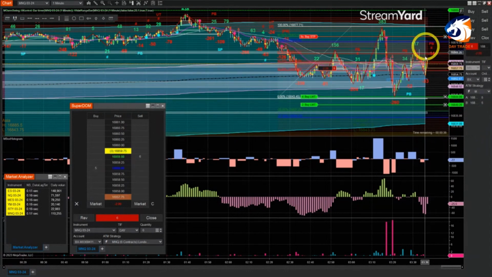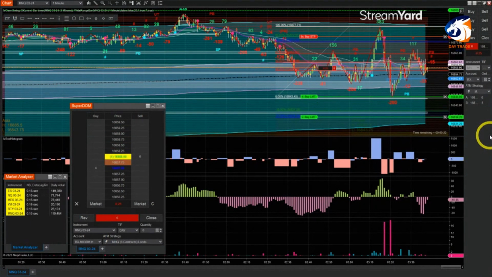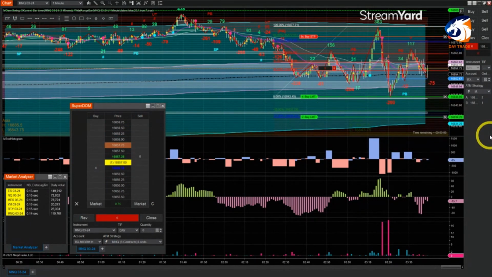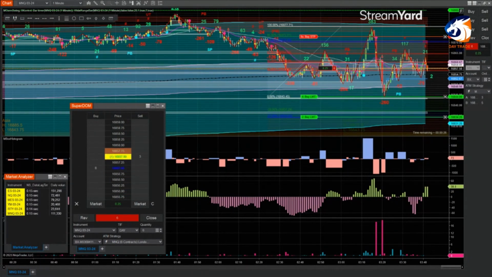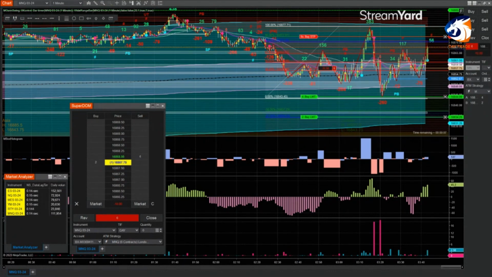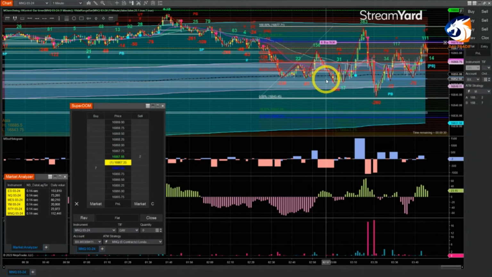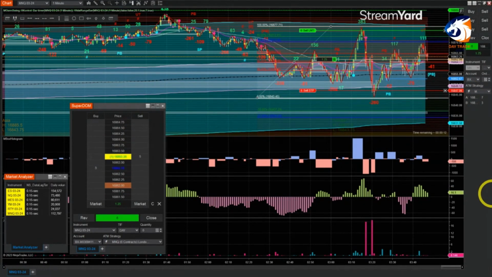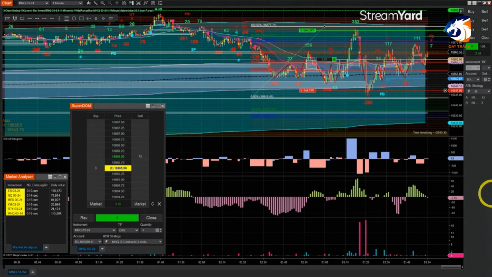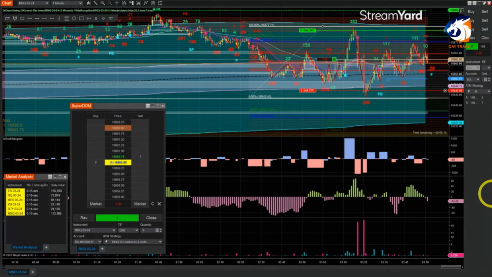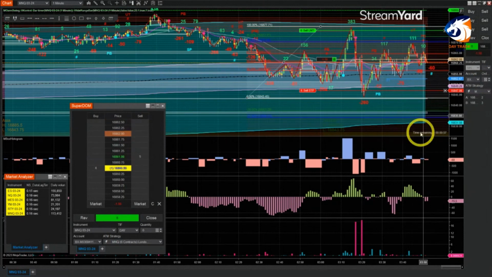Now we have a triple algo to the downside here. And look at this, the 21 EMA and the 50 are basically almost the same.